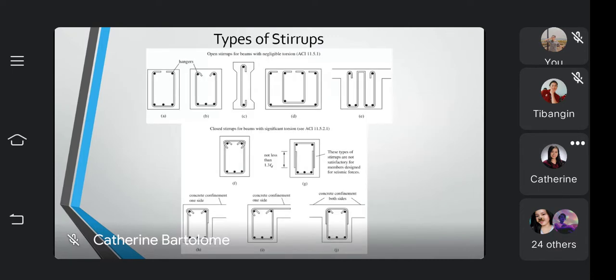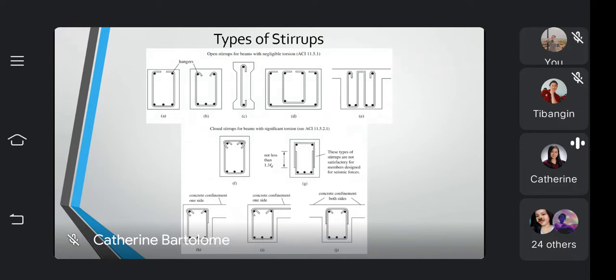ACI 11.5.1 discusses different types of stirrups. So we have open stirrups and closed stirrups. It depends on your analysis. Not all structural members are carrying torsion. It depends on the location and on the connection.